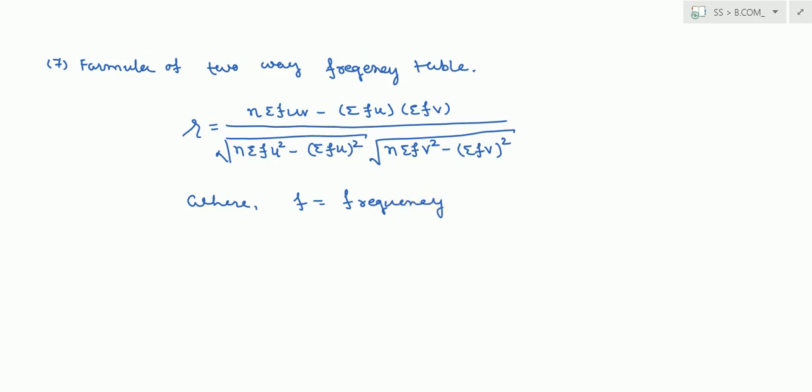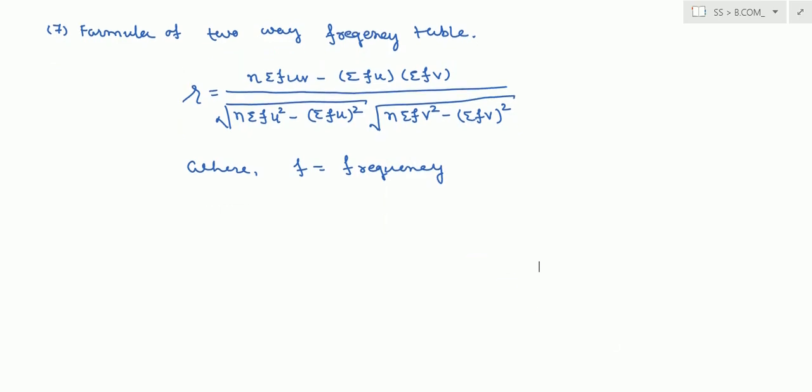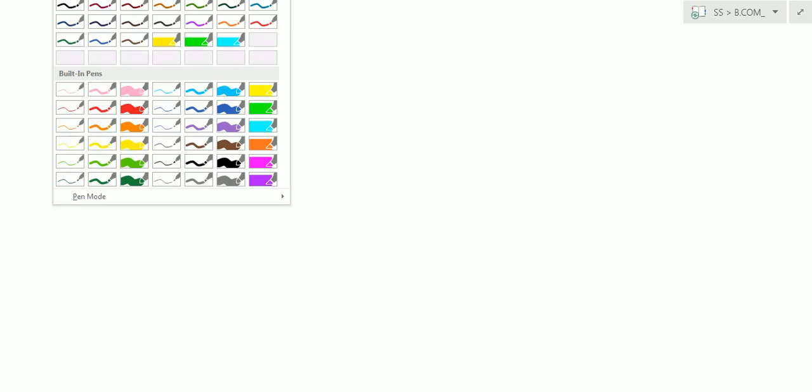Okay, now formulas of Karl Pearson's method are completed here. Now we are going to write formula of Spearman's method, method number 2.